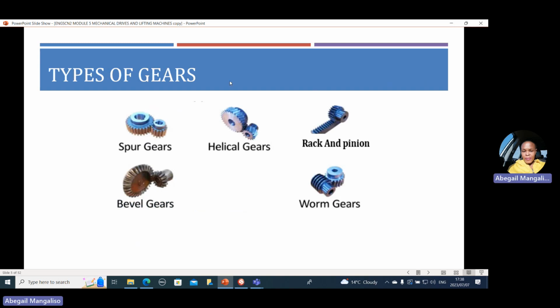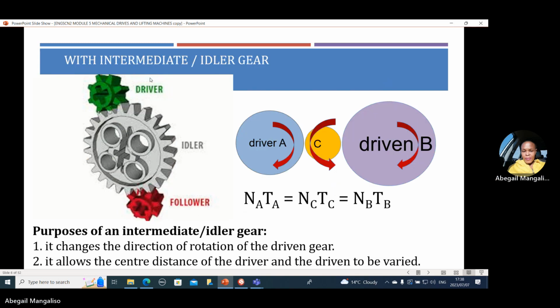Types of gears: we have the spur gear, helical gear, rack and pinion, bevel gear, and worm gear. An intermediate or idler gear is the one that is used to change the direction. If we have 2 gears, gear A and B, in order to change the direction of B, you need to put the idler gear so that B can rotate in the same direction as the driver gear.